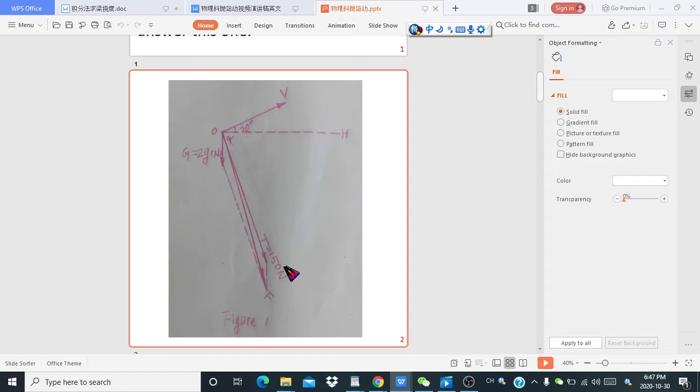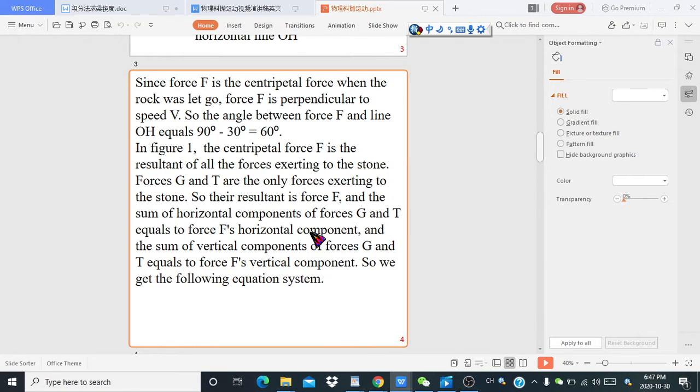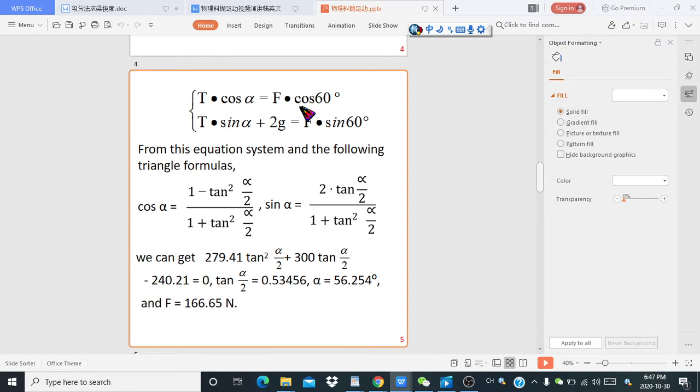So we get this equation system. We get this equation system from what I just now said.